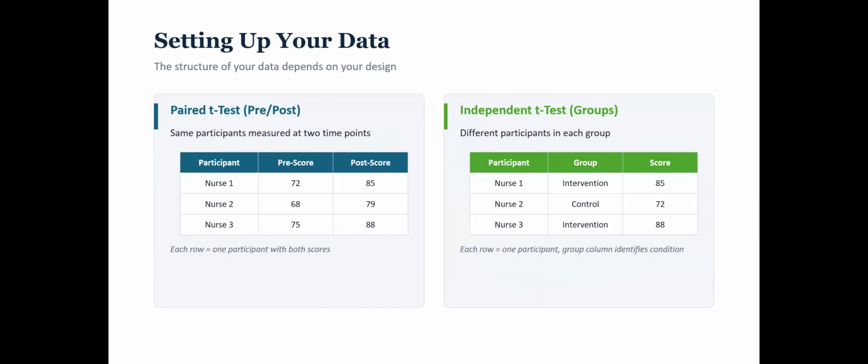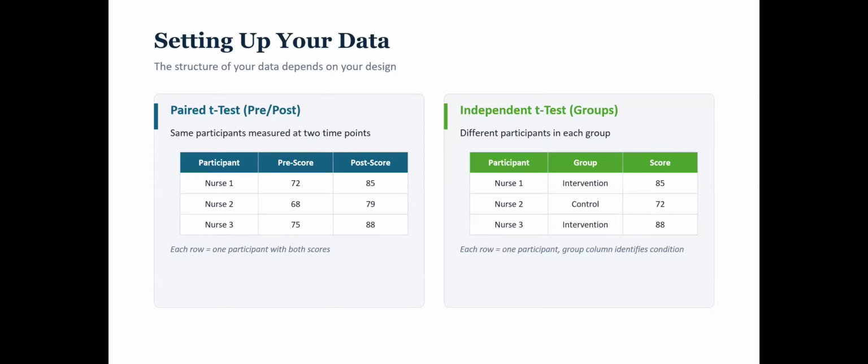Setting up data, it's important to set up data correctly. On the left hand, you'll see the paired t-test. You'll have a column for the participant ID, and then your outcome variables, in this case, just pre and post test.